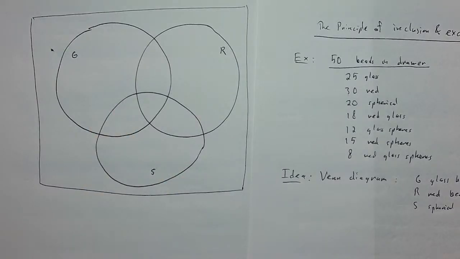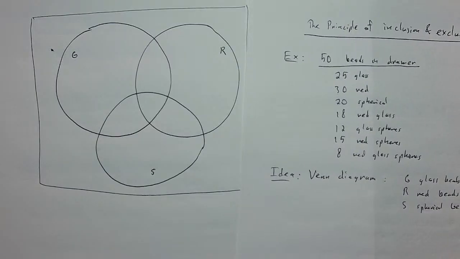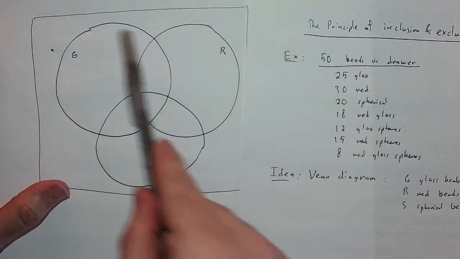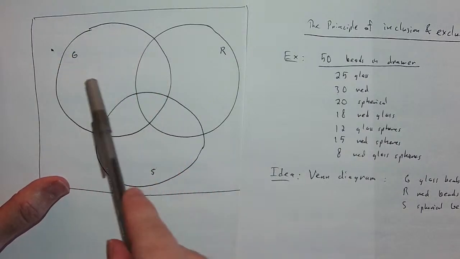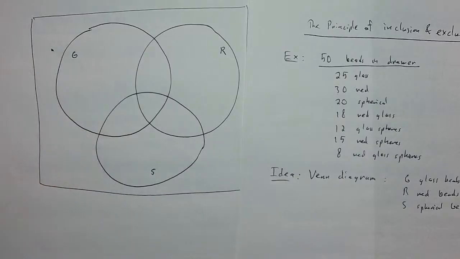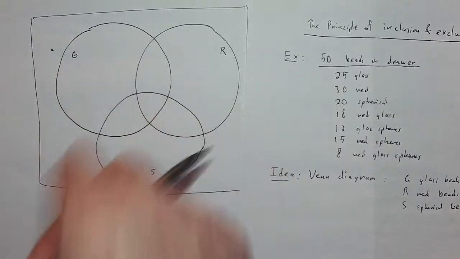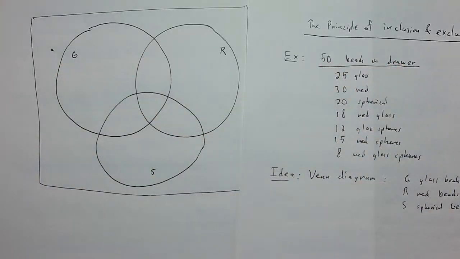I have 25 glass beads, so all total, of the glass beads there's 25. I know I have 30 red, 20 spherical. So I know the total counts on each of these, and of course the total count of beads.